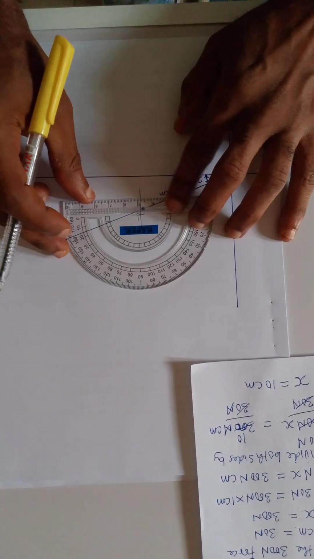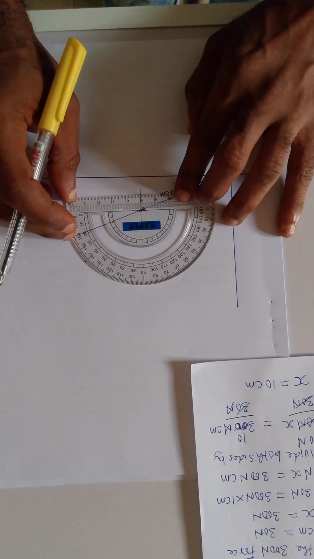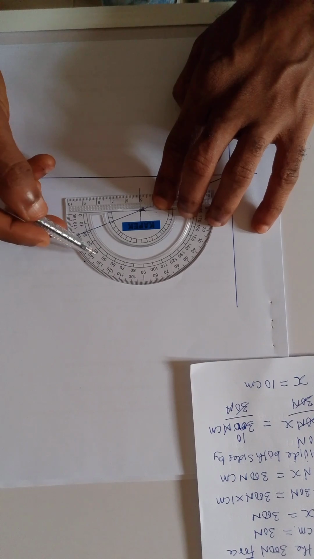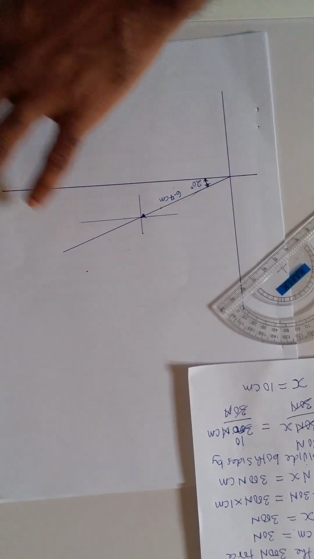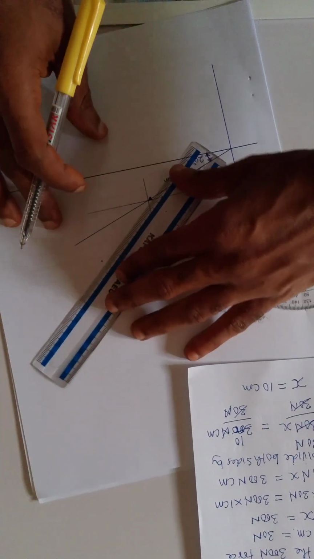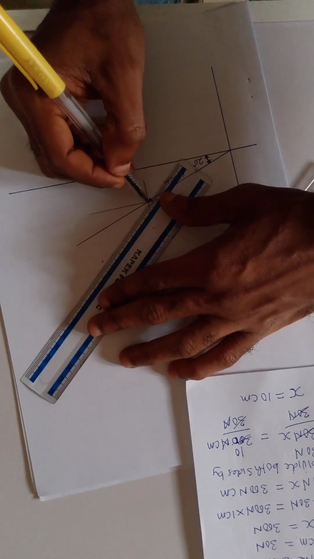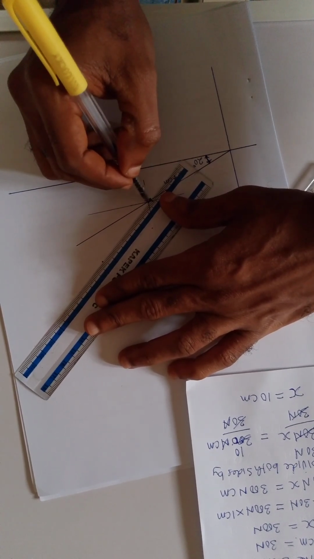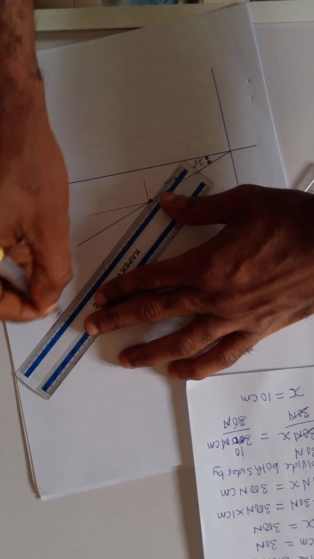Note this is our horizontal line. I'll repeat it again: you place it this way on the horizontal line and take 10, 20, 30, 40. So we draw a straight line to pass through the point we've taken.